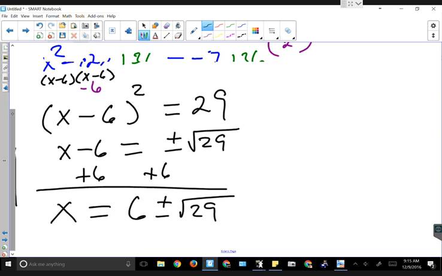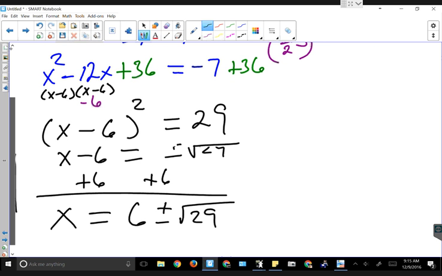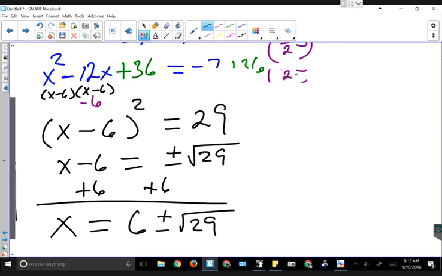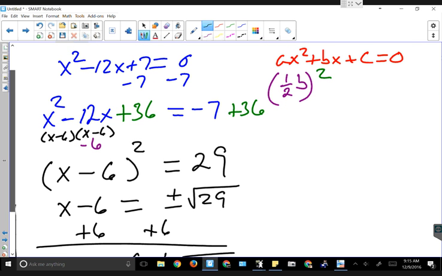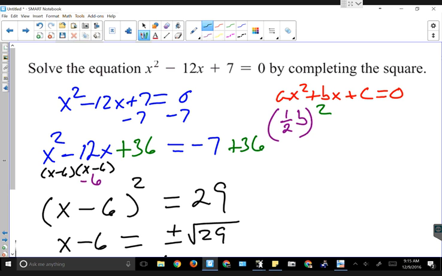Now, if you were to go through this and actually try to graph it and see where it equals 0, you would get some really strange looking numbers. So if I were to do that, let's see where we go. Calculator on.